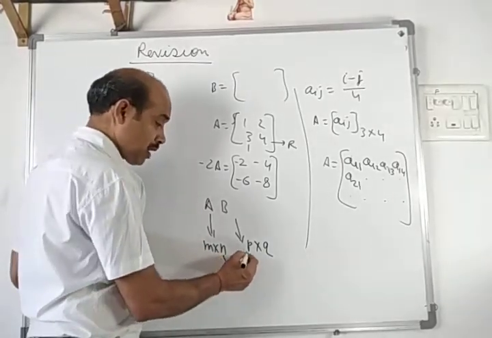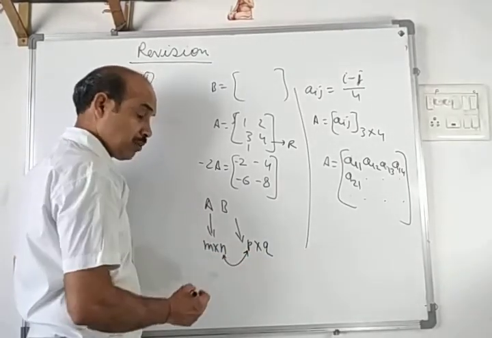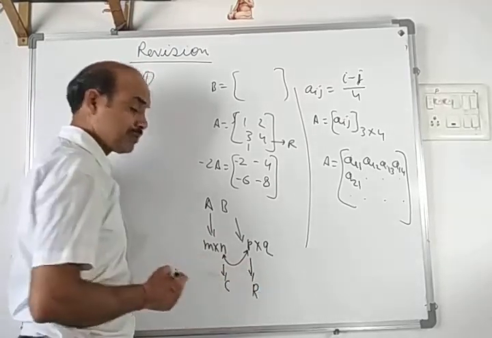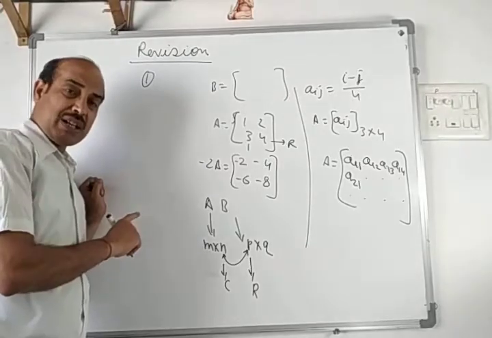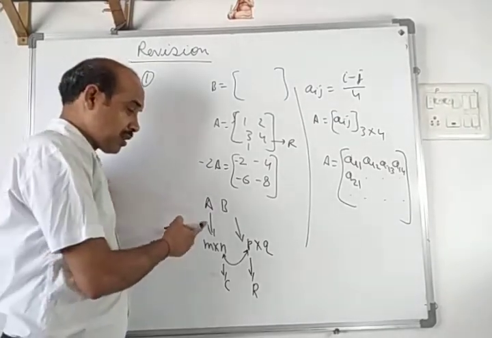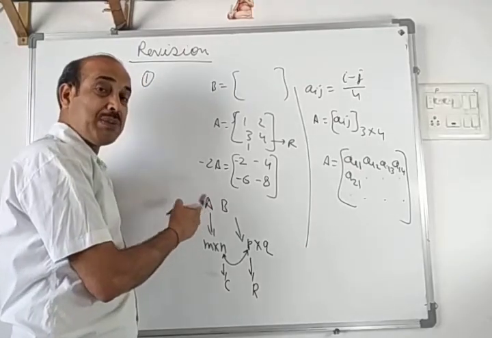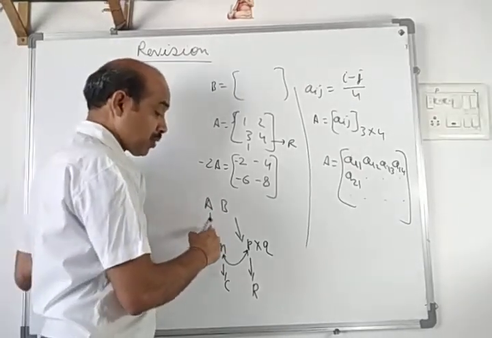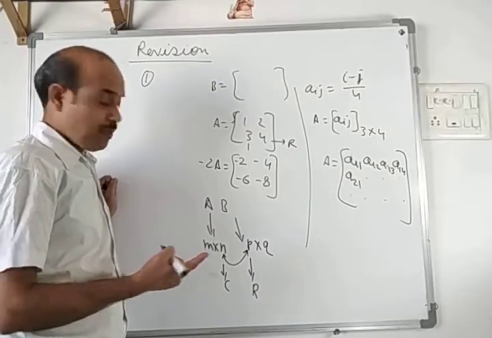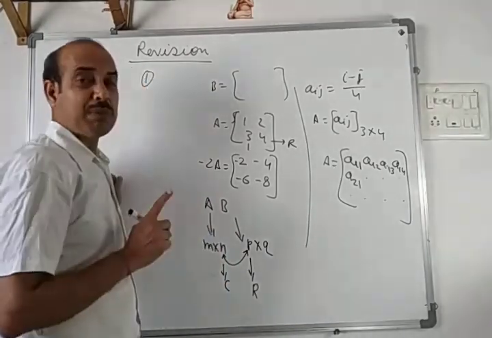First, n and p must be equal. Means the number of columns of the first should be equal to the number of rows of the second. The number of columns of the pre-multiplier and the number of rows of the post-multiplier. If they are equal, then only they can be multiplied.